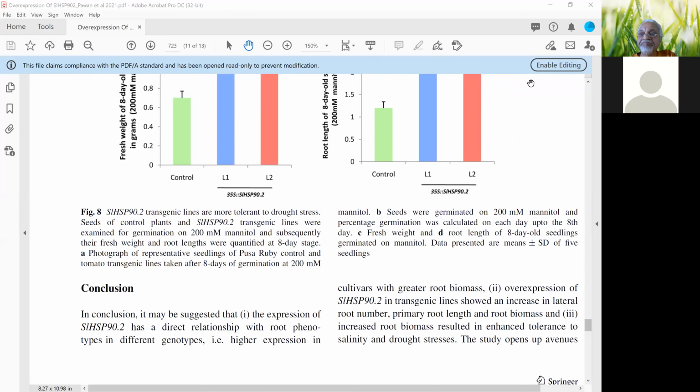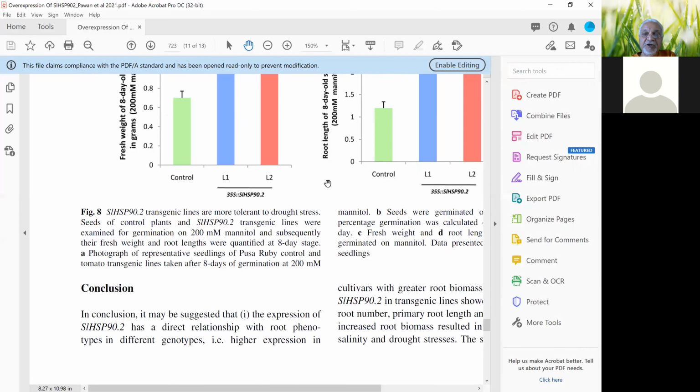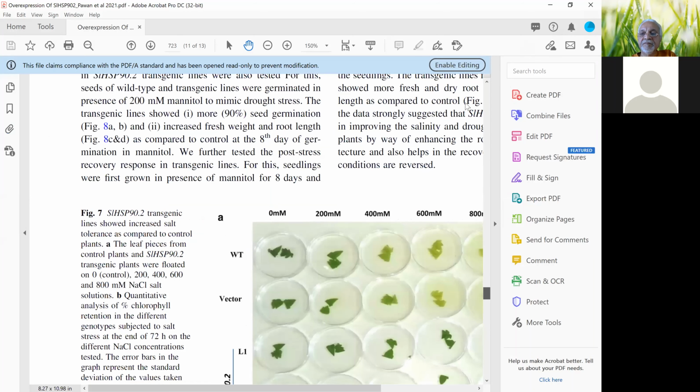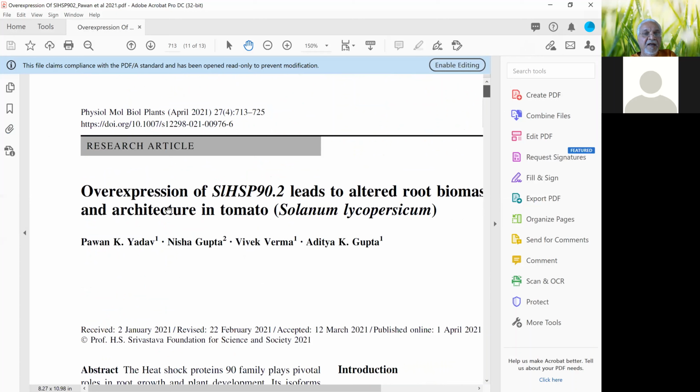Your name? Shilu, yes, sir. Okay, so say what you're trying to say again. A gene for root development. That's what you are trying to say? Yes, sir.